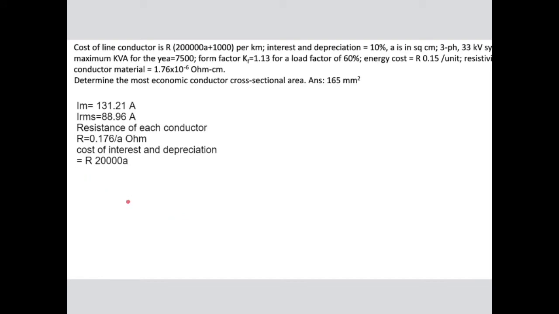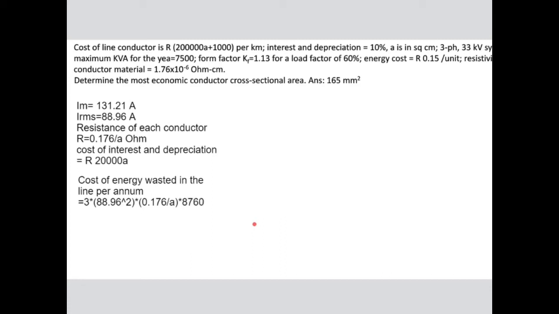And then I can use another block here to say cost of energy wasted in the line per annum is equal to 3 times I squared, meaning that it's 88.96 squared times R, which is 0.176 over A, times time, which is 8760.